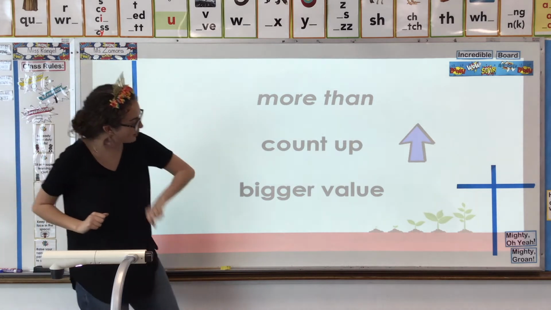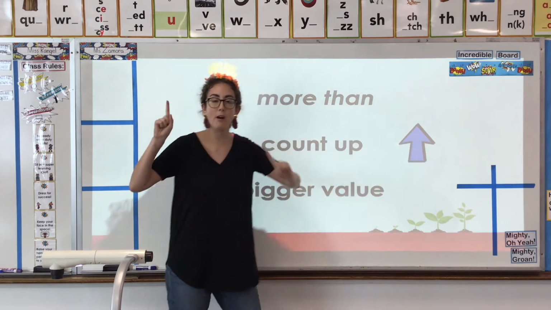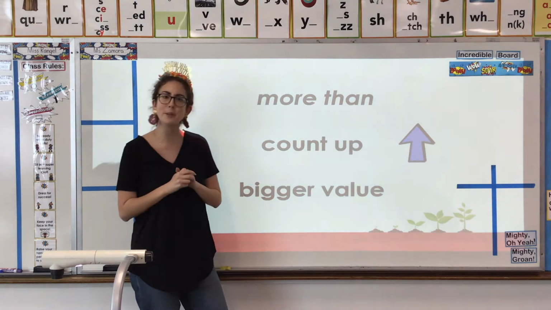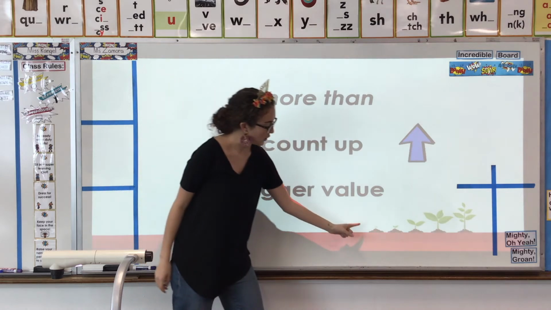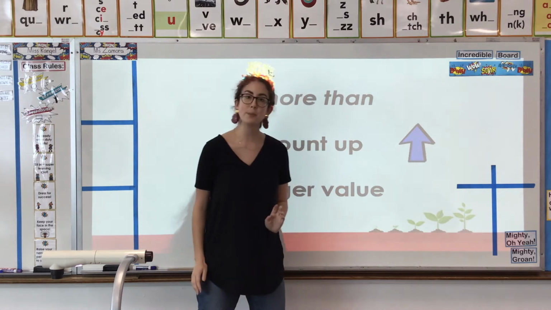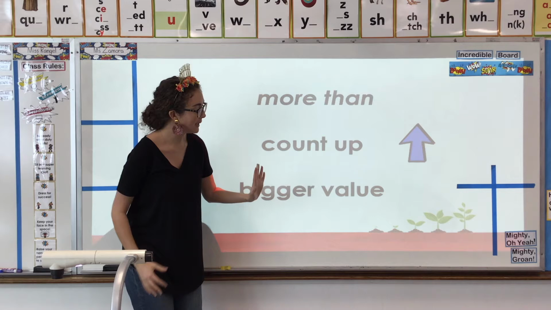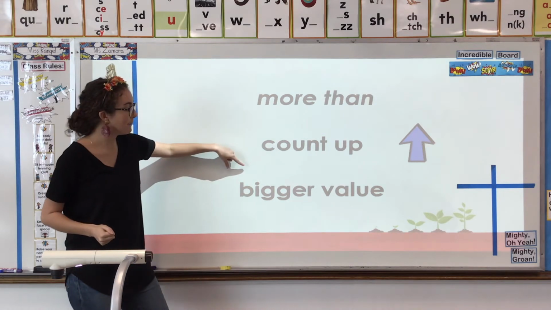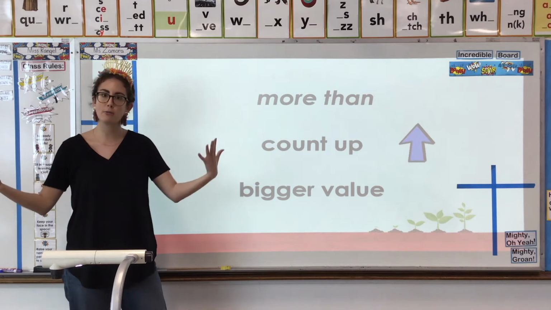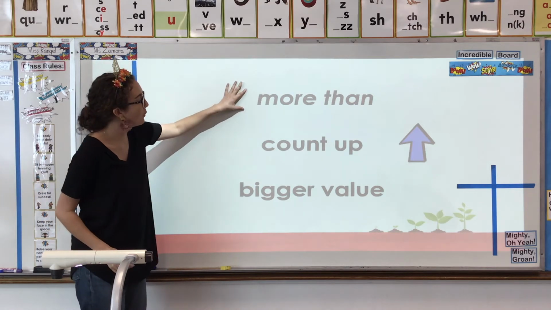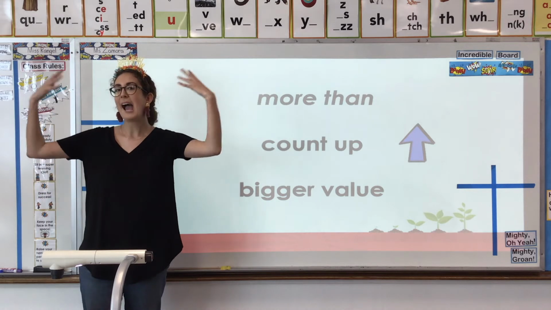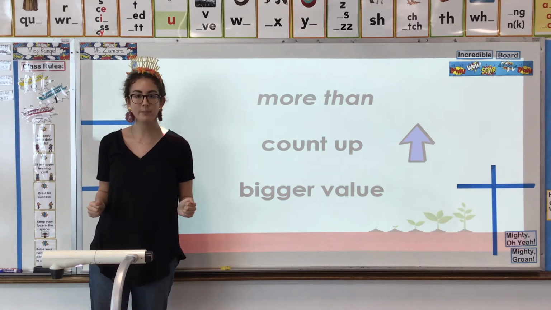As you can see here on our pictures, we've got an arrow pointing up for counting and a picture of some plants down here. You can see that with each plant as we go, the plants are more than the last one. They are getting bigger in value. They're growing. So when we're saying more than, it's because we counted up and we made a bigger value.